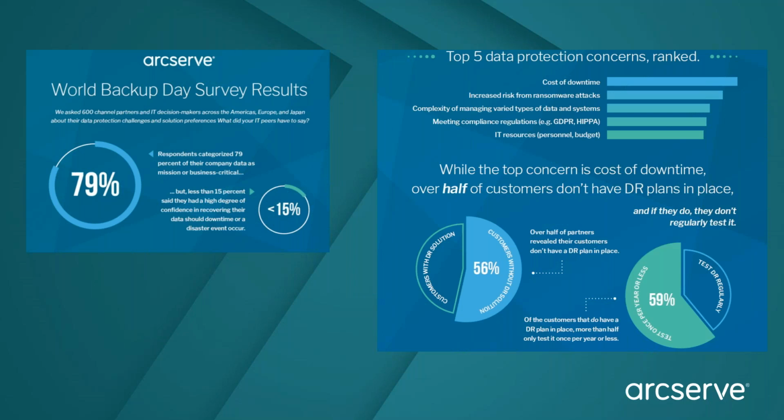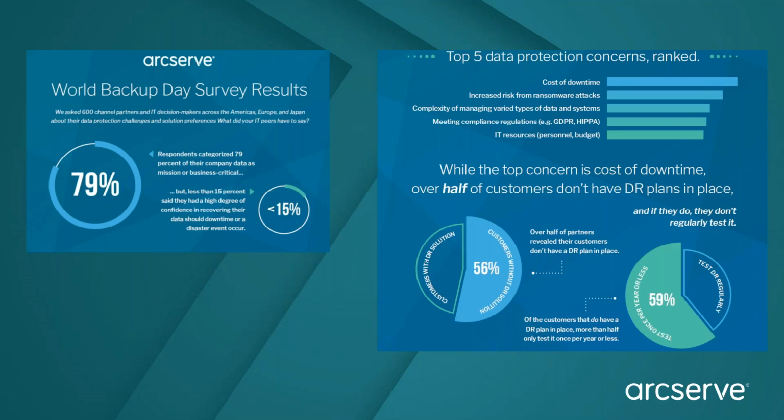And over half of partners revealed their customers don't have a DR plan in place. So that's 56%. And of the customers that do have a DR plan in place, more than half only test it once per year or less. So a lot can happen in a year. You can change infrastructure, you can change business processes, your SLAs might change.